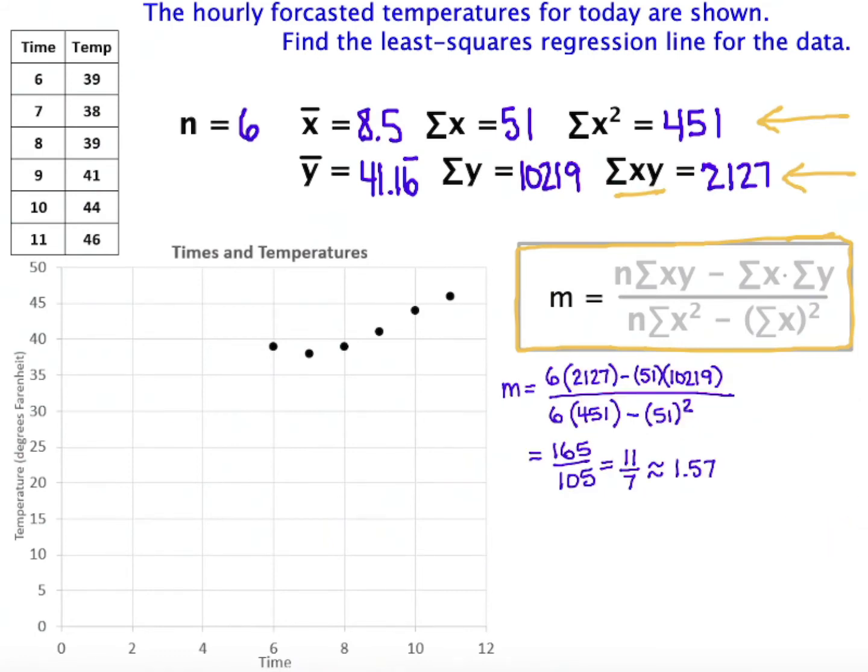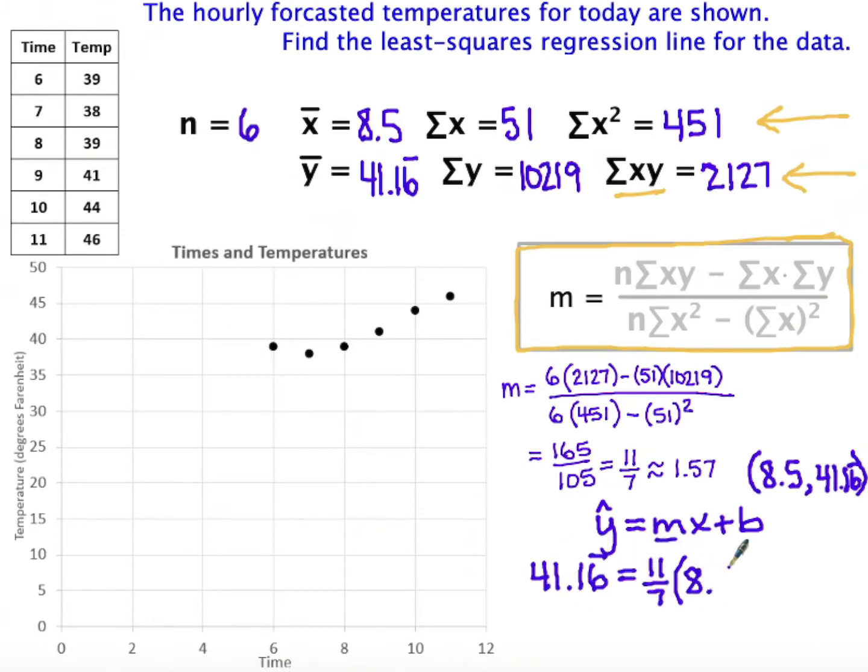So we've got our slope calculated as 11/7, and now we just have to figure out what our y equals mx plus b will be. Remember that I know an ordered pair that is definitely on the best fit line, and that would be the ordered pair of the mean x values, comma, the mean of the y values. And I also know the slope, so if I plug in all of those things, I can easily solve for b just by multiplying those together and subtracting them over.